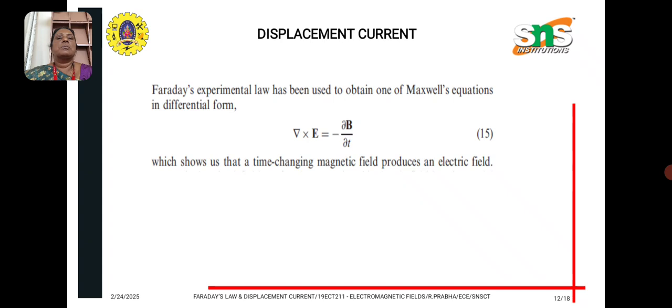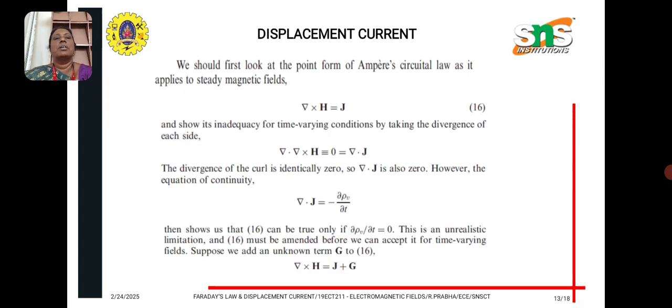So Faraday's experimental law has been used to obtain one of the Maxwell's equations in differential form as del cross E is equal to minus dou B by dou t. So we can understand from this equation a time varying magnetic field produces the electric field.